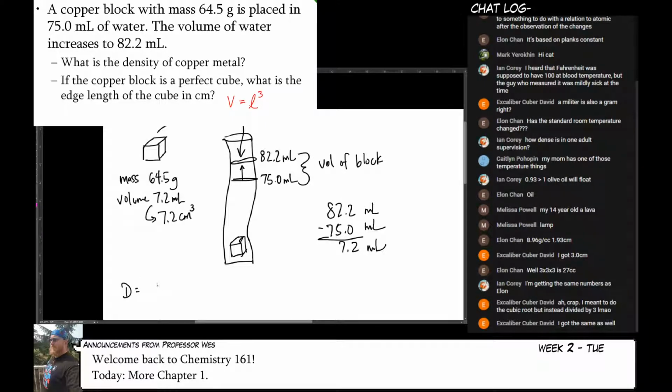The density is just going to be the mass over the volume, which will be 64.5 divided by 7.2, which is 8.958333333, which I'm going to write as this. And we'll explain why in the next section.